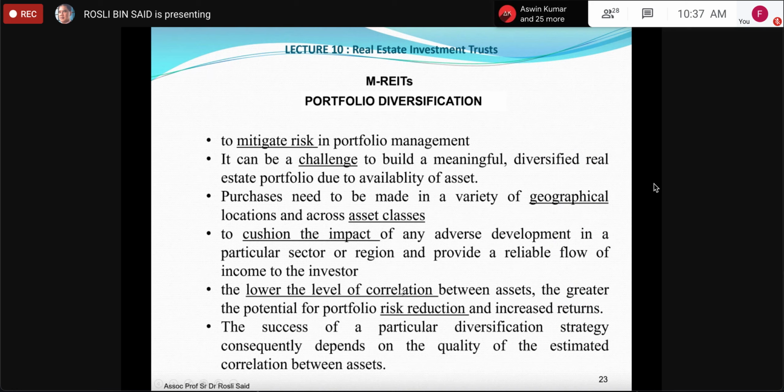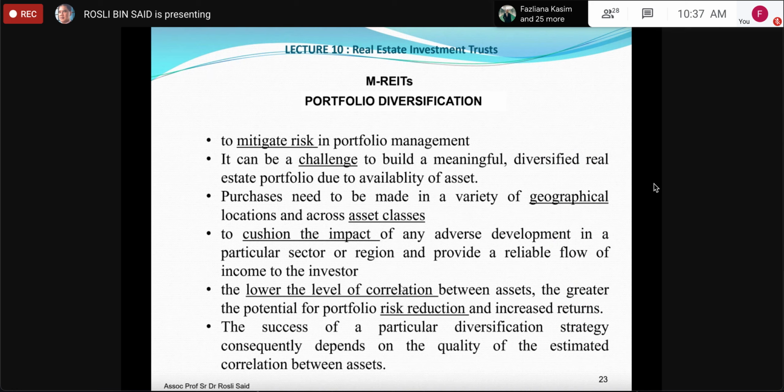So correlation, I think you have learned this with Encik Gani and Dr. Lan, when you learn about statistic. Correlation is the relationship between two variables or more. The higher the correlation value, the higher the relationship will be.